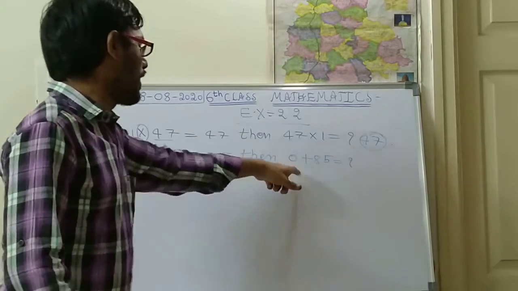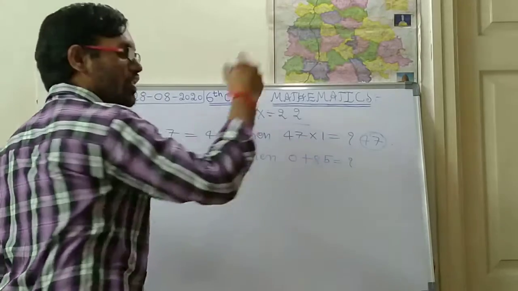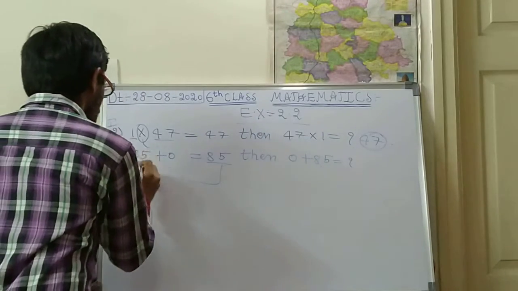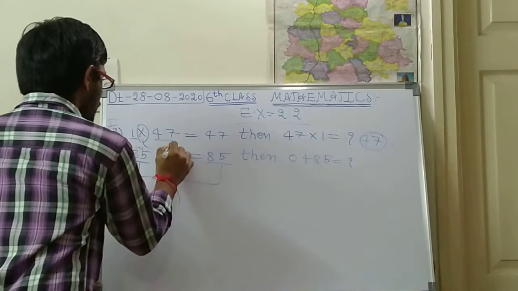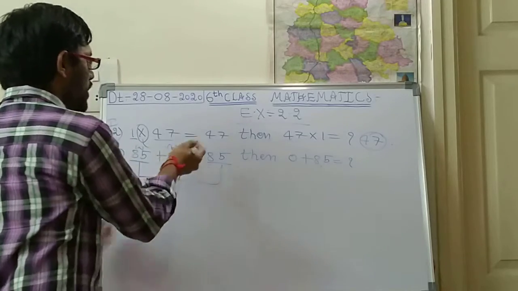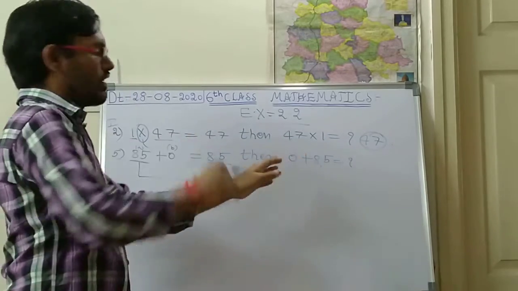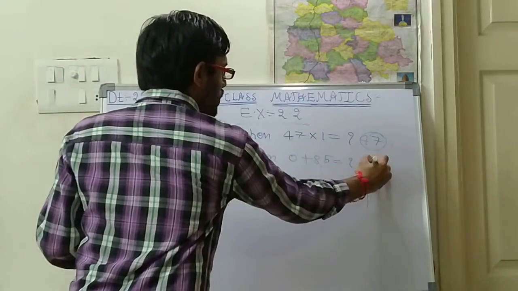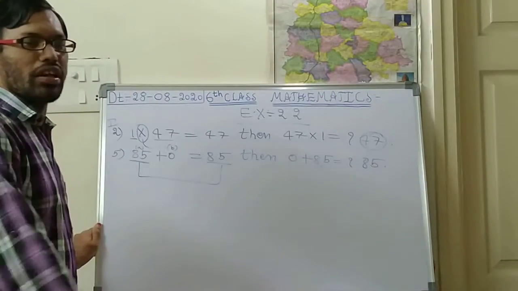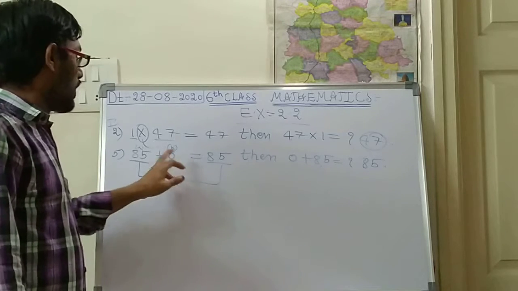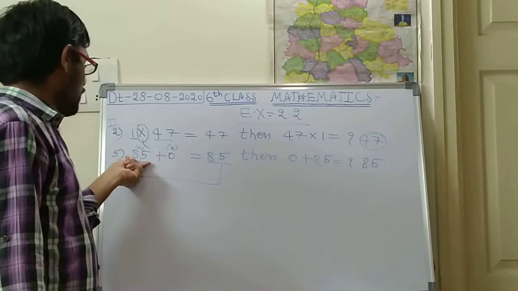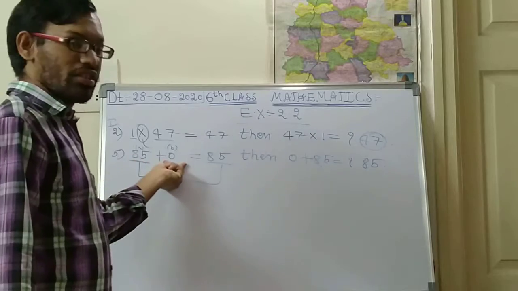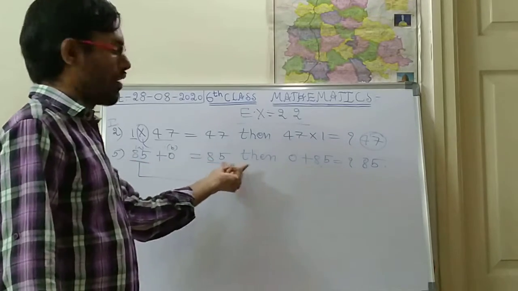Okay. And next, 0 plus 85 is equal to how much? Here suppose 85 is A and 0 is B. A plus B. Here I have interchanged, B plus A. So 0 plus 85 is also the same number, 85 only. So here if you are adding any whole number with 0, then the same whole number comes.